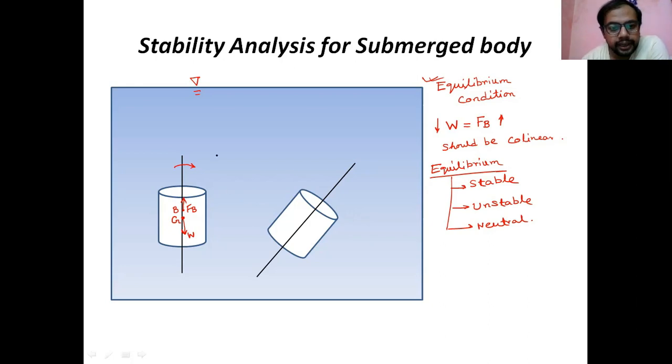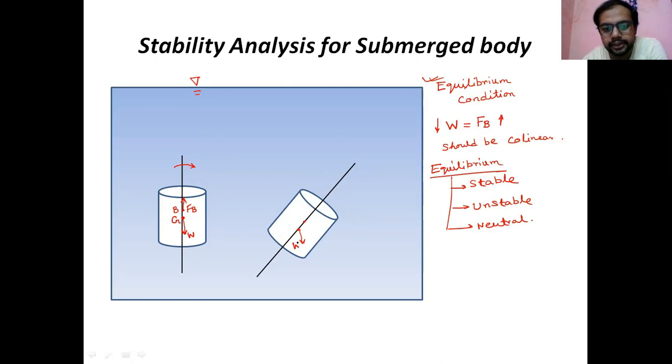So here we have given some tilt. But the center of gravity will not change, and the center of buoyancy will not change either. Why? Because the same mass is there, so the center of gravity never changes.